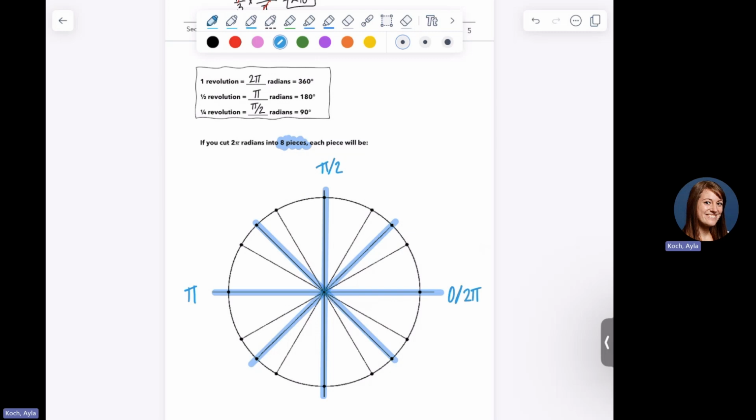So we're taking 2 pi and we're dividing it into 8 pieces. 2 pi divided by 8, that's going to be pi over 4. So each of these 45-degree segments is a pi over 4 jump. So this very first spoke is pi over 4.